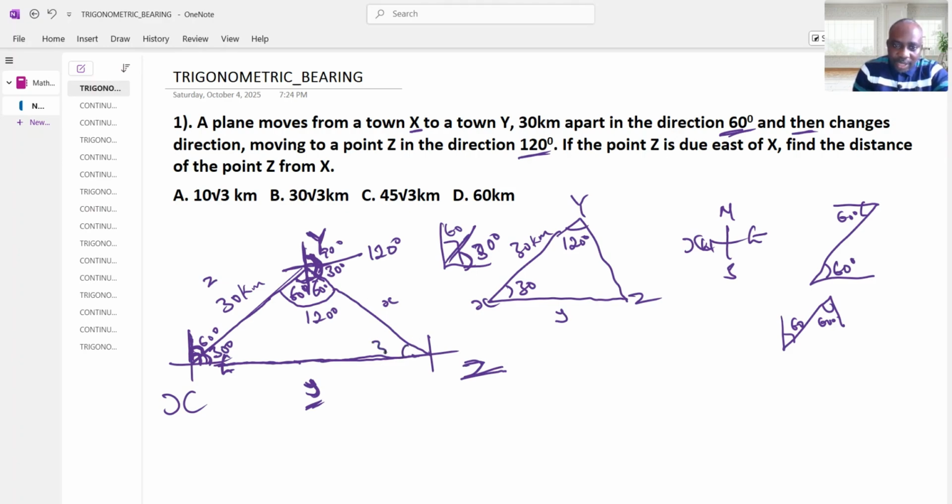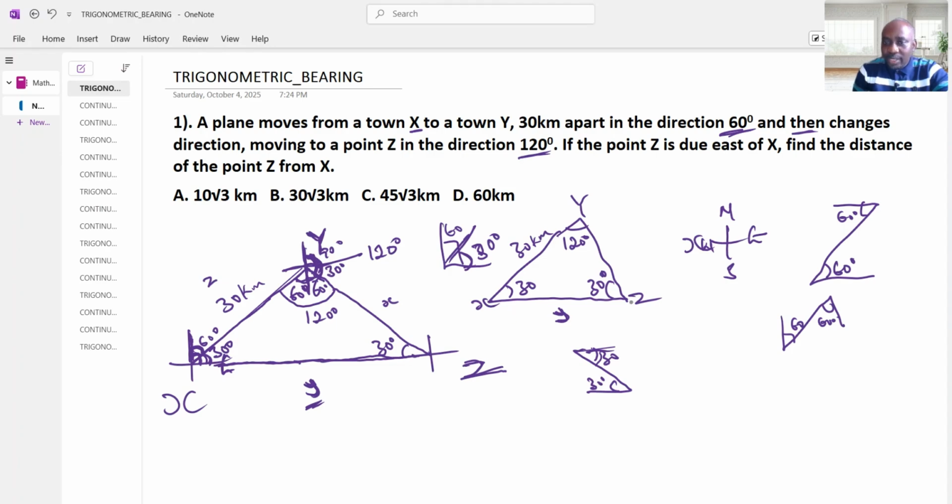This space will be 30 degrees as well, the way it's curved like this. If this space is 30 degrees, this space will be 30 degrees. It is called alternate angle. It means that this space is 30 and this space will be 30 degrees as well.